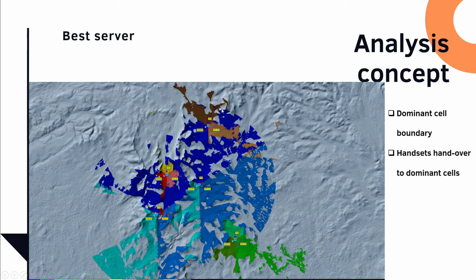So this is showing which server or which cell is dominant in a particular area. And this is extremely useful if you want to know where your target is, because handsets typically hand over to the strongest, the dominant cell in their area.